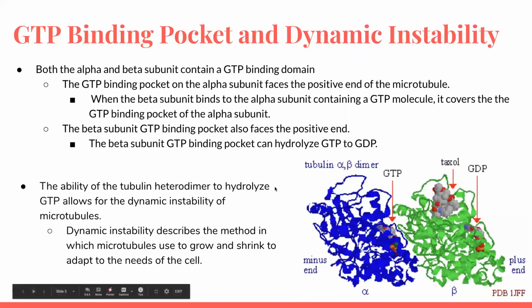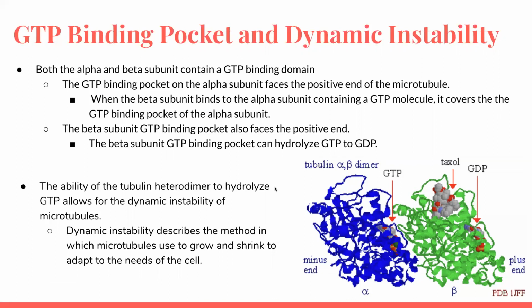When the beta subunit binds the alpha subunit containing a GTP molecule, it covers the GTP binding pocket of the alpha subunit. And the beta subunit GTP binding pocket also faces the positive end, so both of them face the positive end. And the beta subunit has GTPase ability, so it can hydrolyze GTP to GDP.